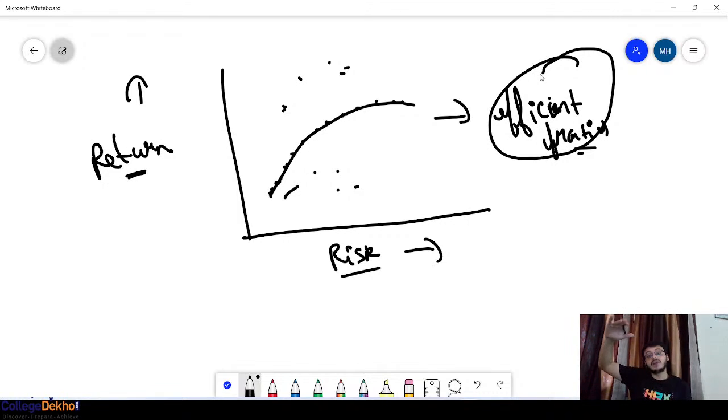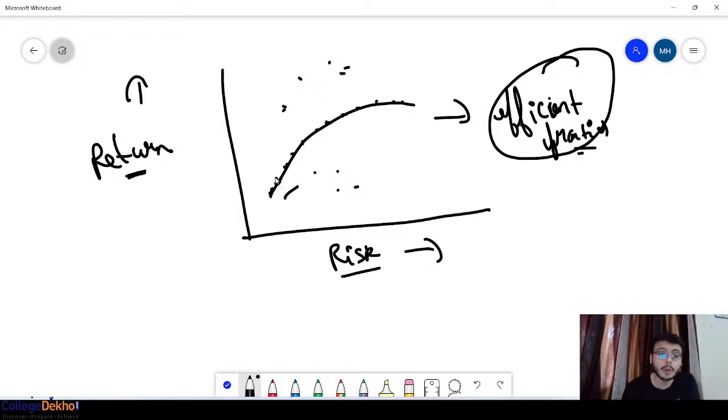Higher return for the same level of risk, मतलब कि रिस्क तुम्हारा सेम है बट तुम्हें हायर रिटर्न मिल रहा है. रिस्क तुम्हारा उतना ही है बट उतने ही रिस्क में तुमको हायर रिटर्न मिल रहा है. The second scenario is कि रिटर्न तुम्हारा सेम है, उतने ही रिटर्न के लिए तुम कम रिस्क ले रहे हो. Okay, both the scenarios can be confusing, बट याद करने की कोशिश करो. So that is the thing.